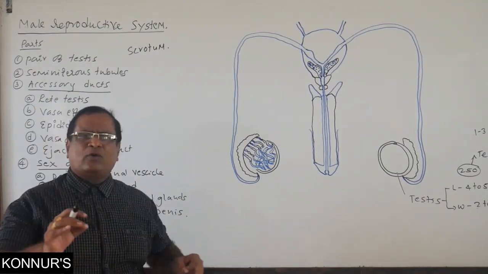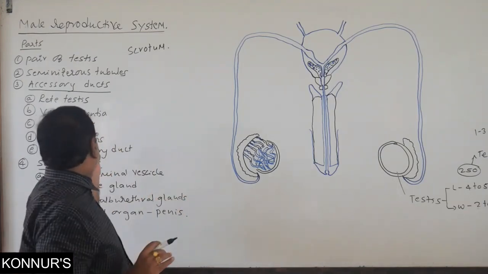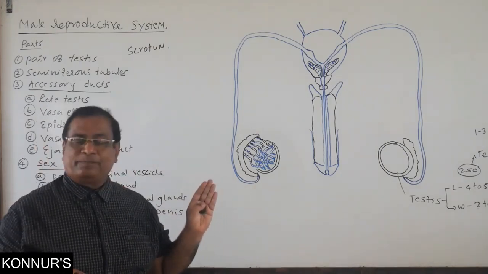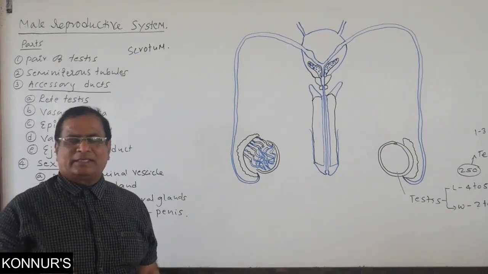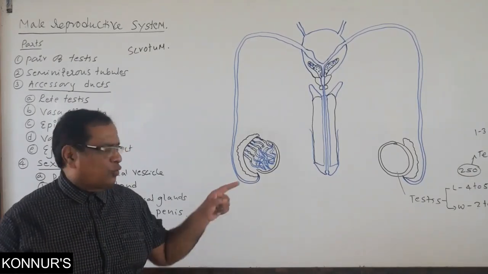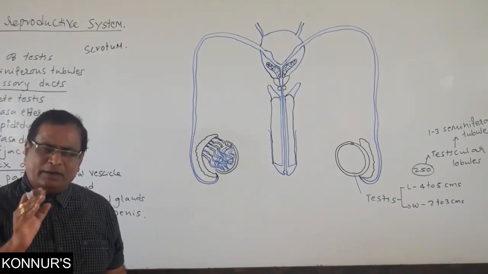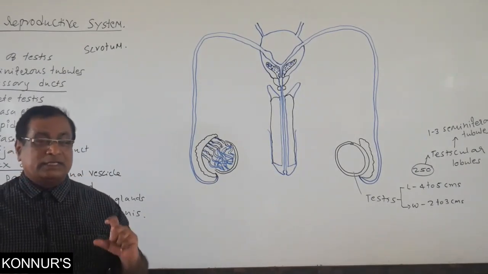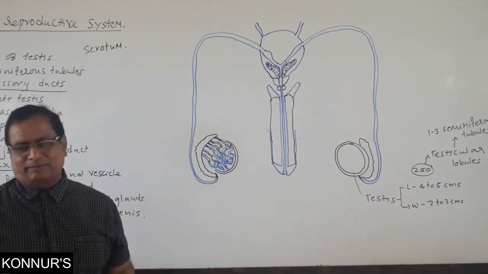They are highly coiled, very long tubules, around 1 to 3 in each testicular lobule. If there are 3 in each lobule, 3 into 250 gives around 750 seminiferous tubules in each testis.